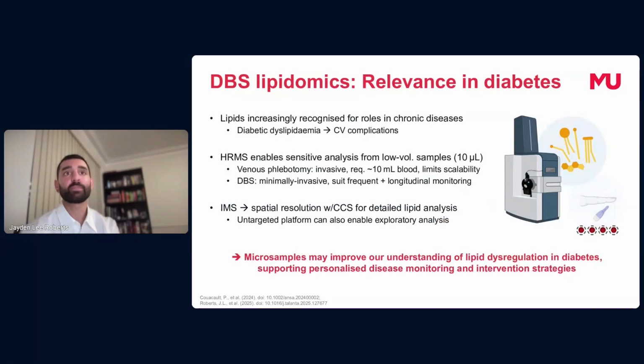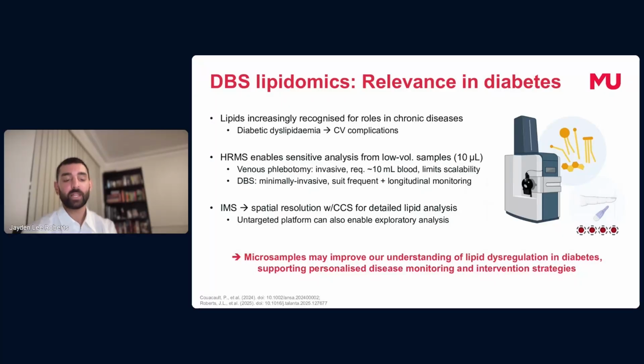Given its role in disease progression, dyslipidemia makes diabetes a relevant context for detailed lipidomic investigation. And recently, DBS microsampling technologies have been explored for comprehensive lipid profiling. Low-volume samples such as DBS are well suited for high-resolution mass spec, as we saw from the previous research and method development, as they offer sensitivity and improved resolution.